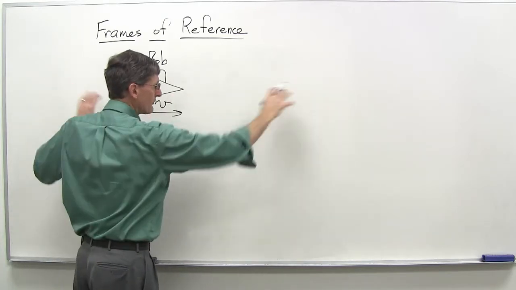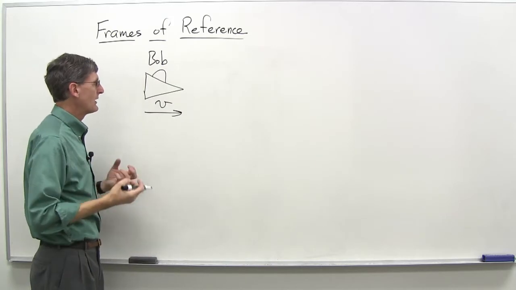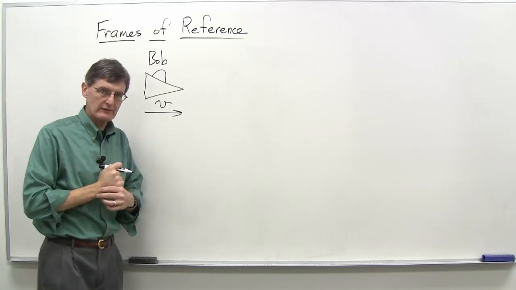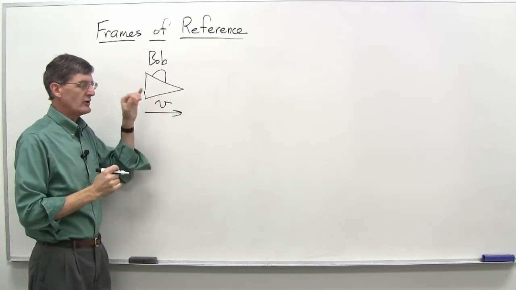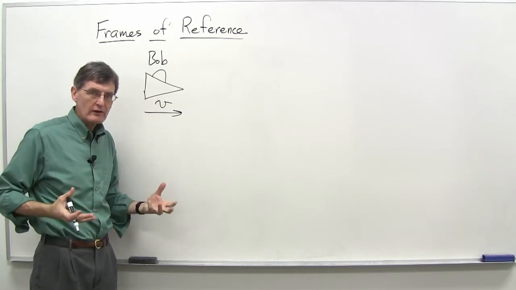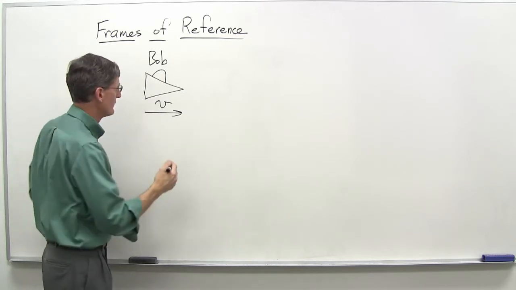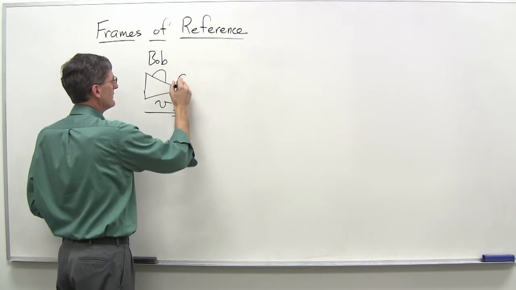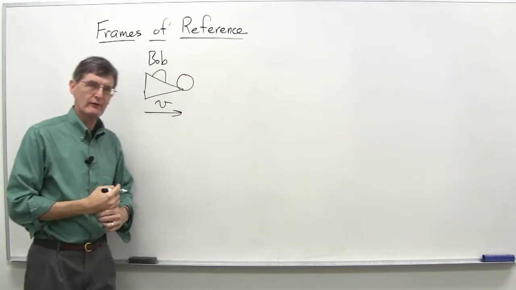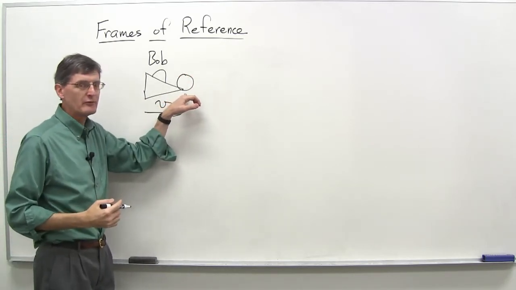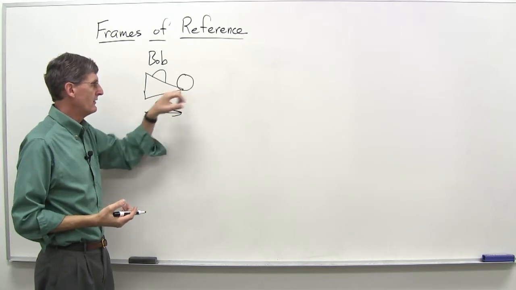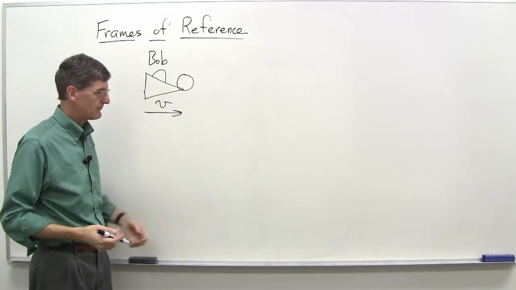So he has his lattice of clocks there, and we're going to imagine here that he has a spaceship such that if something goes wrong, he has an escape pod. Not a very fancy spaceship here, but we'll assume the escape pod is just that spherical object there.